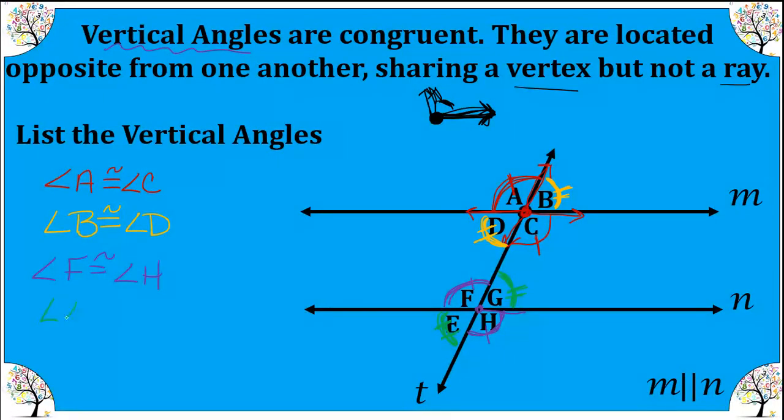Angle E is congruent to angle G. These are all vertical angles and they have the same measurement. That means if angle A is 120, angle C is 120. If angle B were to be 70, angle D would also be 70, and so on.